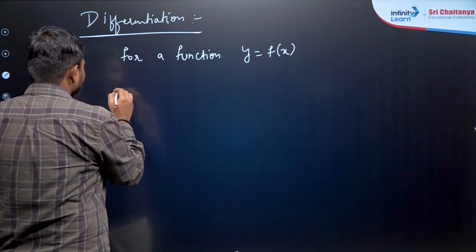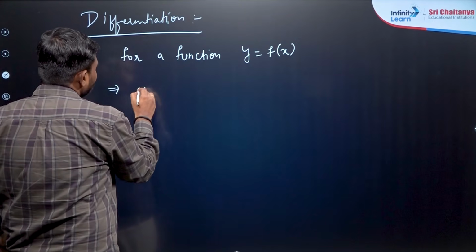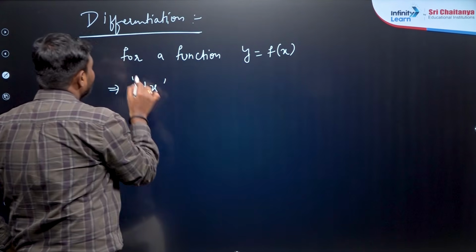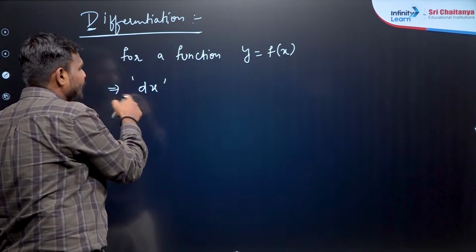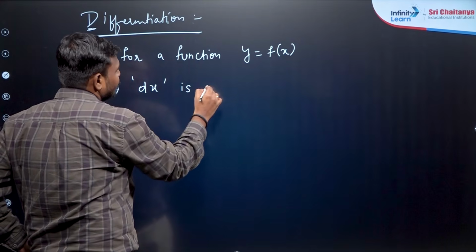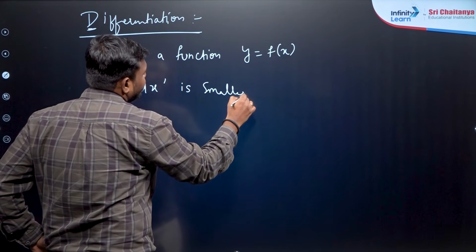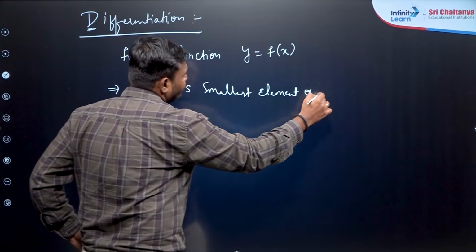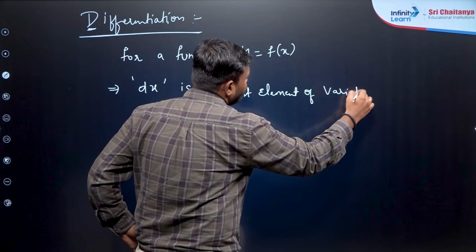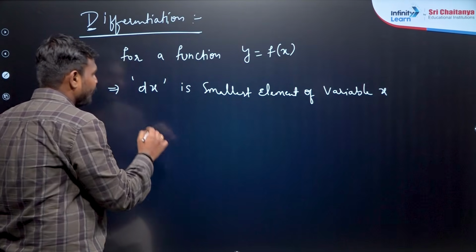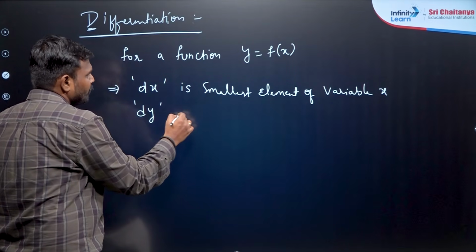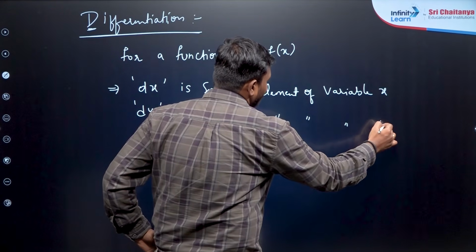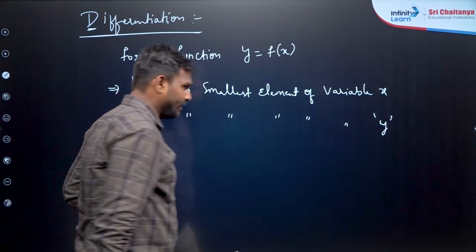So for this function, whenever I write the letter small d with a variable, dx is the smallest element of variable x and dy is the smallest element of variable y. So what do you mean by that?